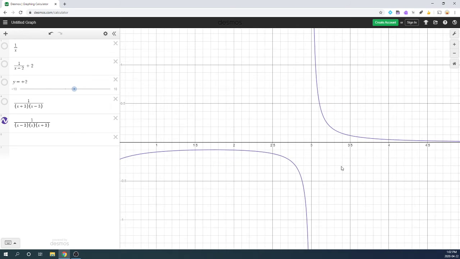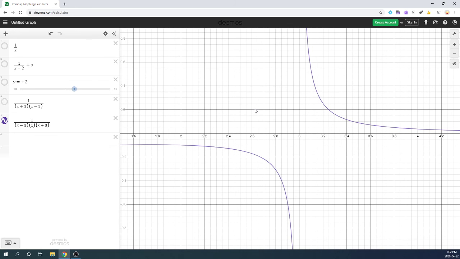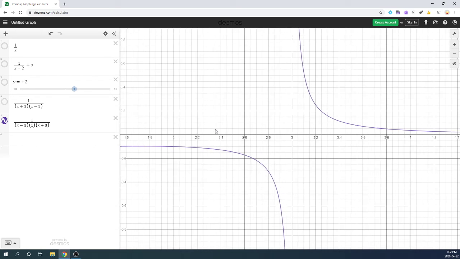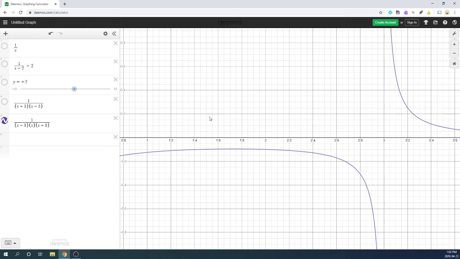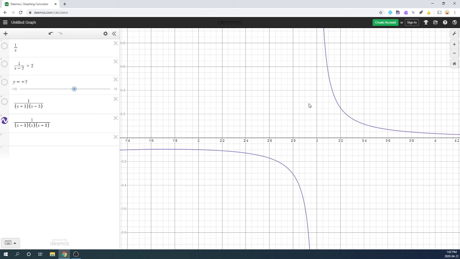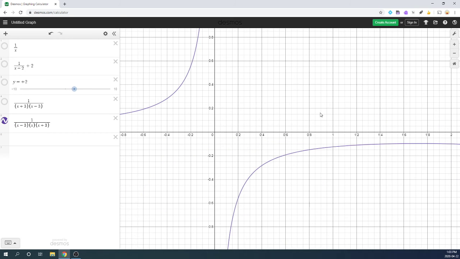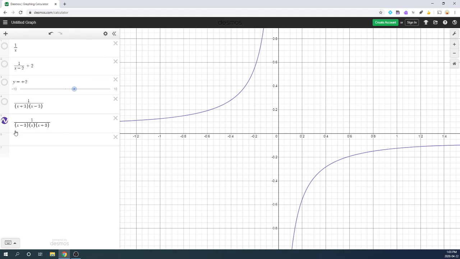The nice thing is I often think of this as a mashup of different reciprocal functions. One where the asymptote is around +3 caused by this. Another reciprocal function where the asymptote's around x is equal to 0 caused by this one.